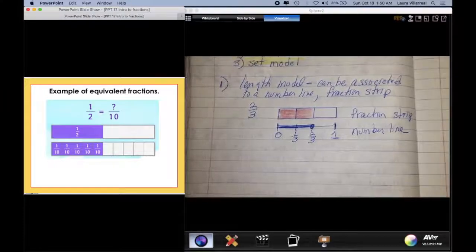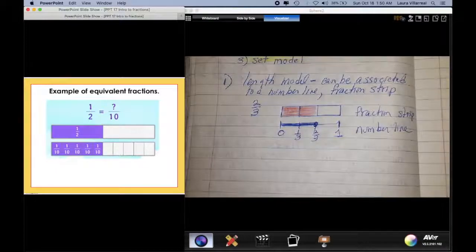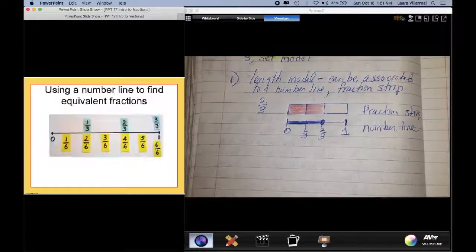Here I have an example of equivalent fractions using the strip model, which we did earlier, in which I get a strip of paper and I could fold it in halves and have it in tenths. This could be something that I pre-print for the students, and then they could cut it out and glue it to their notebook. Number line.